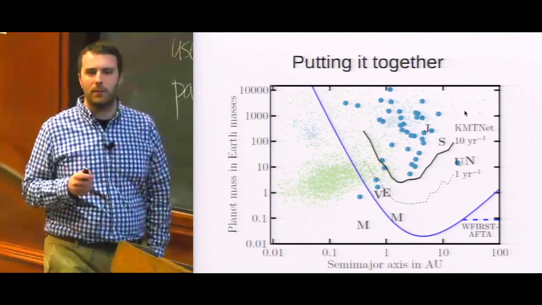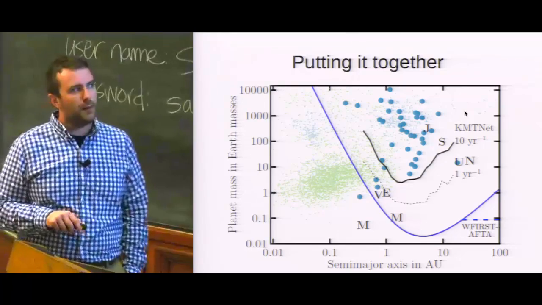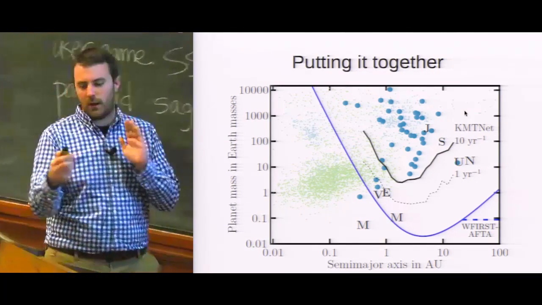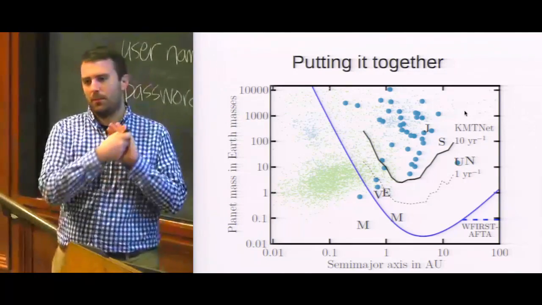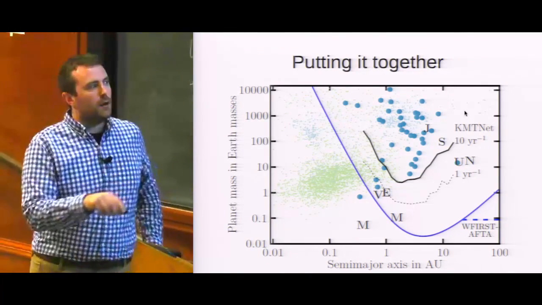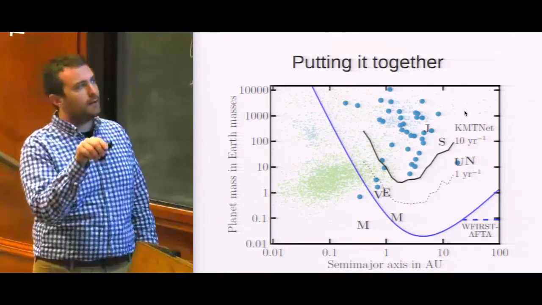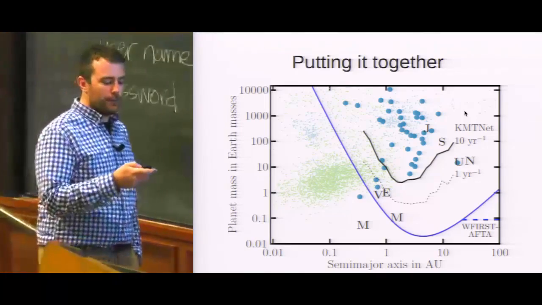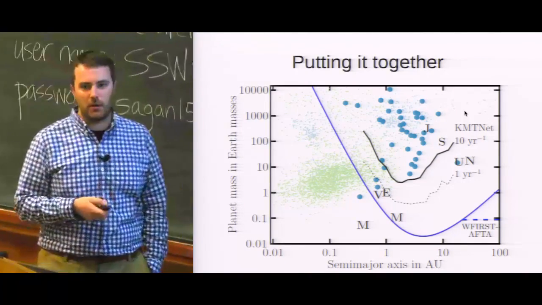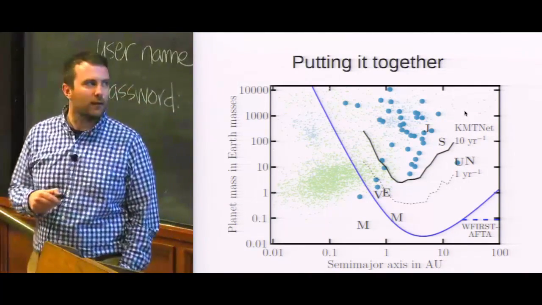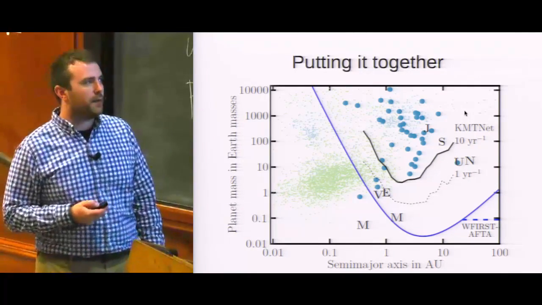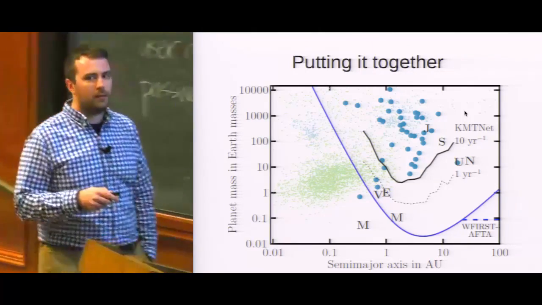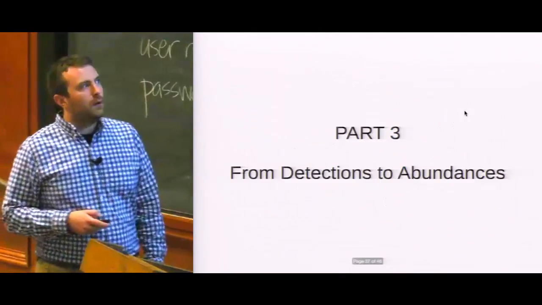Putting it into units you're more familiar with, mass and semi-major axis, you get a broader spread because you can have a range of Einstein radii, which multiplies by your projected separation. And so you get these contours. These are the contours of constant planet detection rate if you have a given number of planets at that position in the space. But it gives you a sense of where you will find planets with your microlensing surveys.